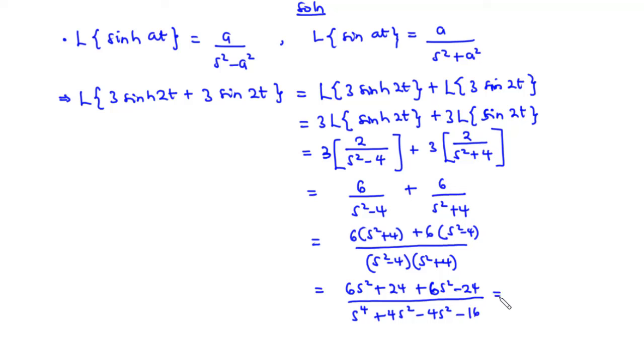So finally, 24 cancels out negative 24. We have 6s squared plus 6s squared, that is 12s squared, divided by, this also cancels out that, and then we have s to the power 4 minus 16. Therefore, the Laplace transform of this function is nothing but 12s squared divided by s to the power 4 minus 16.